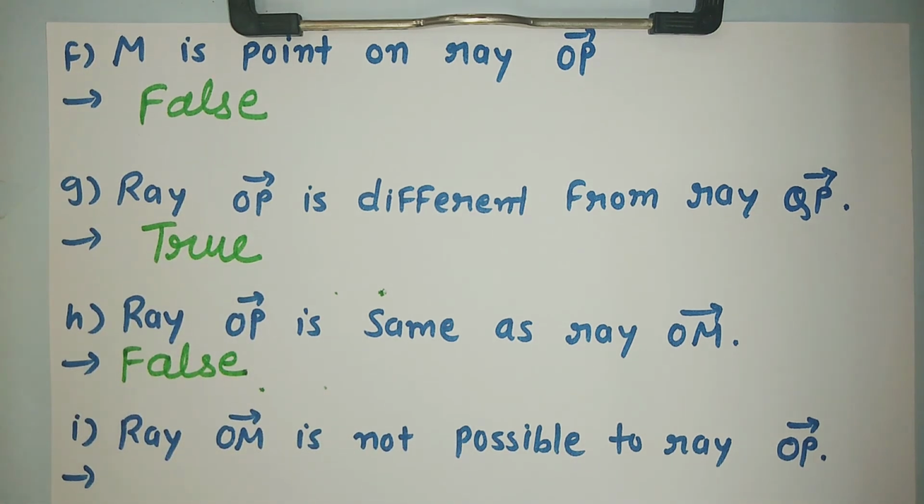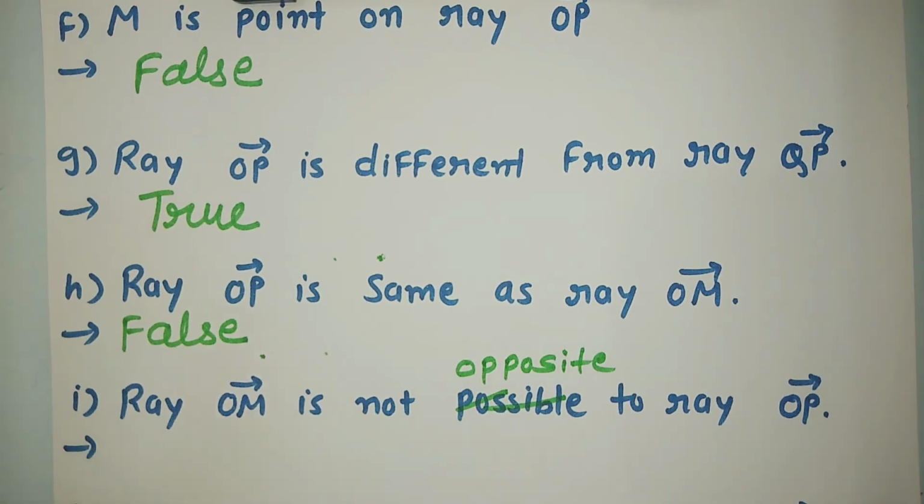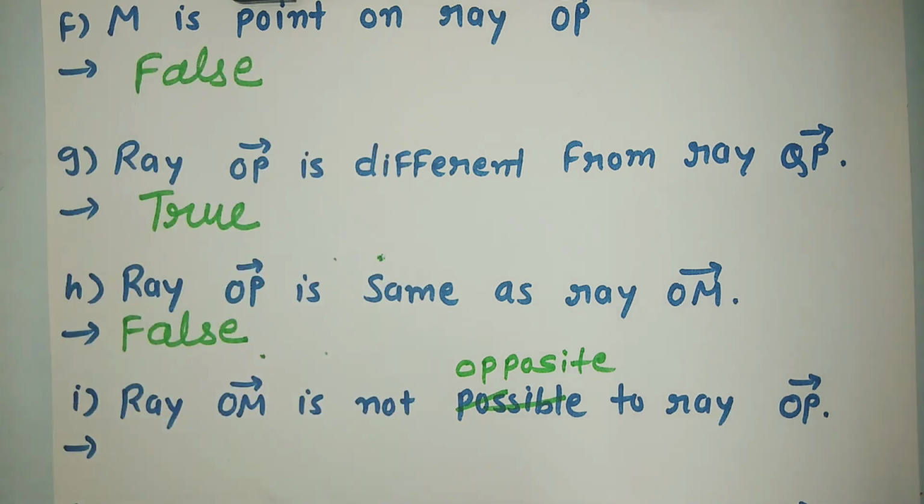I. Ray OM is not opposite to ray OP. OM and OP are not opposite. So let's check I. This sentence is false because these are opposite.